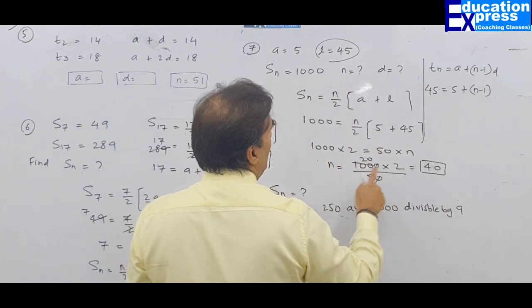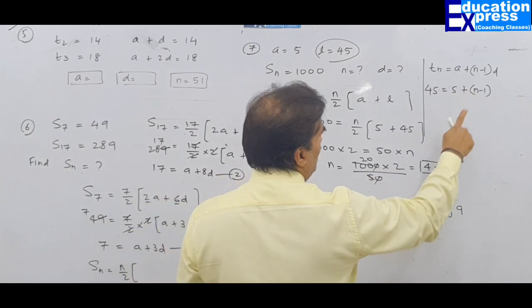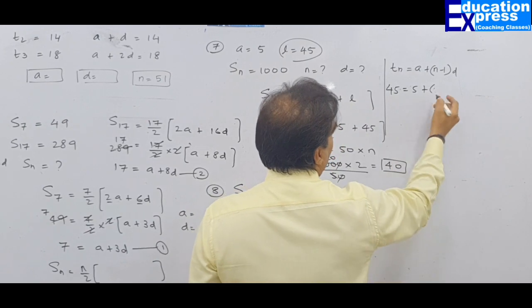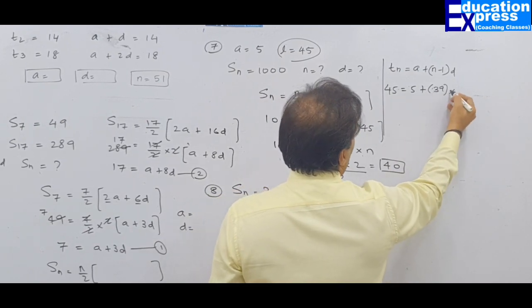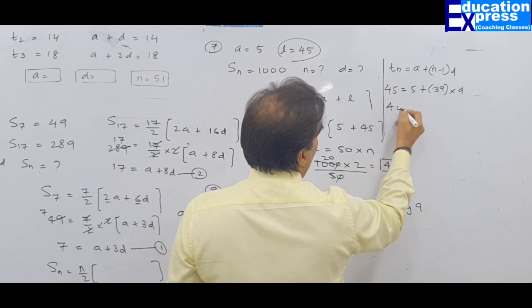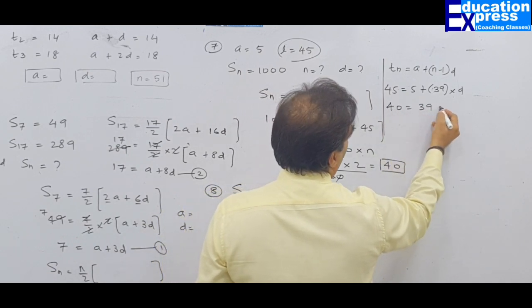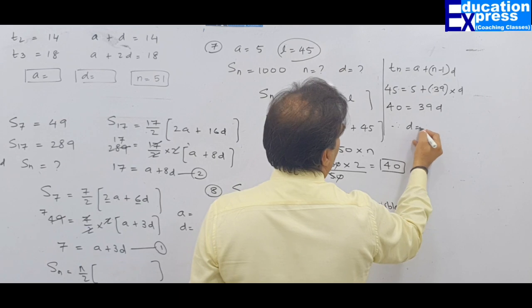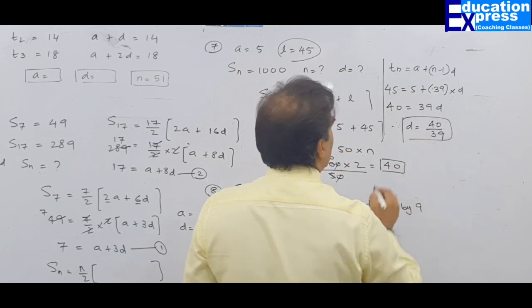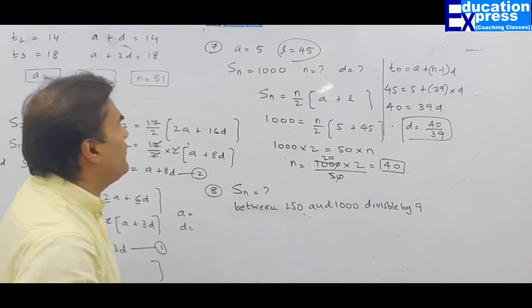Sir, N is also found. No, we already found N as 40, so can we substitute? Smart, very good. So 40 minus 1, 39 into D. 5 will go on the other side. So you get 40 equals 39D. Therefore, D equals 40 upon 39. This is the value of D, my dear friends.